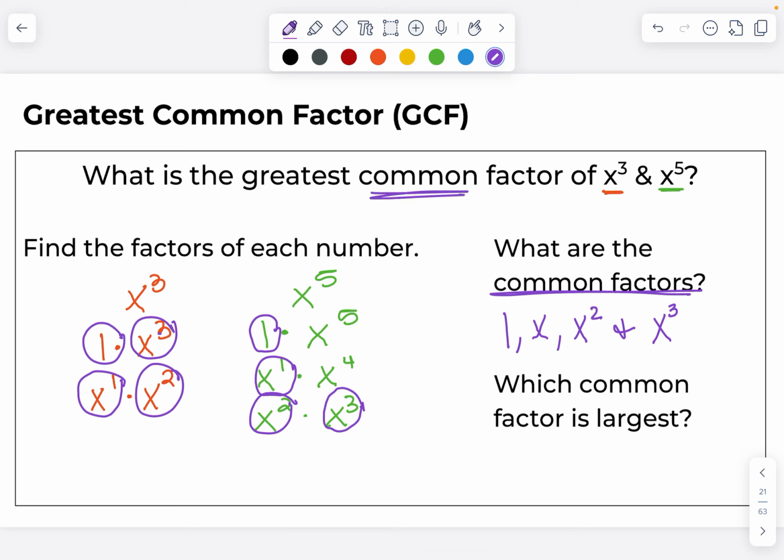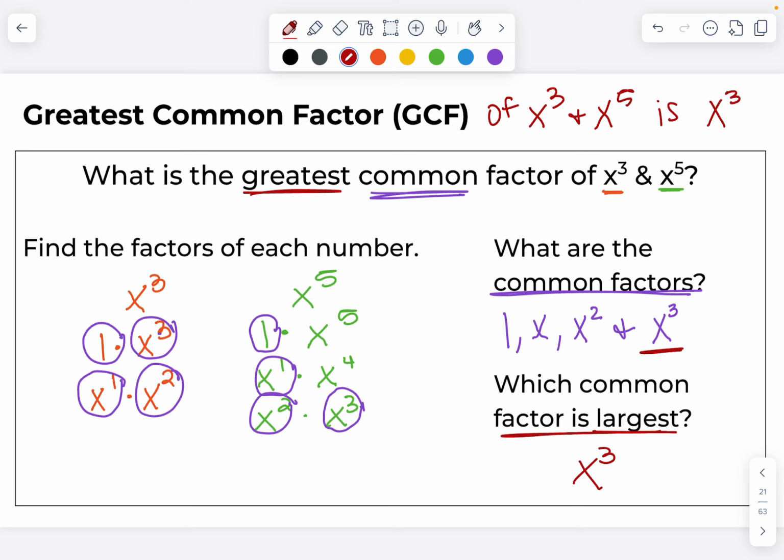If I think about greatest, which factor is largest, it's going to be this x cubed. So the greatest common factor of x cubed and x to the 5th is x cubed. Now, I want you to think for a second, why is that x cubed special?